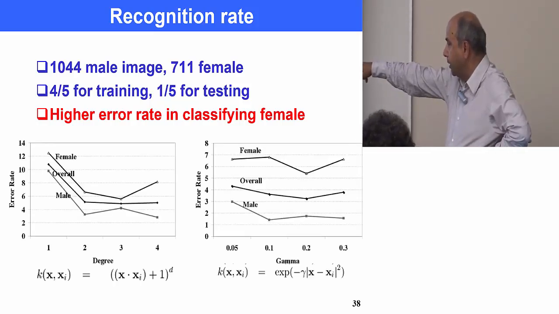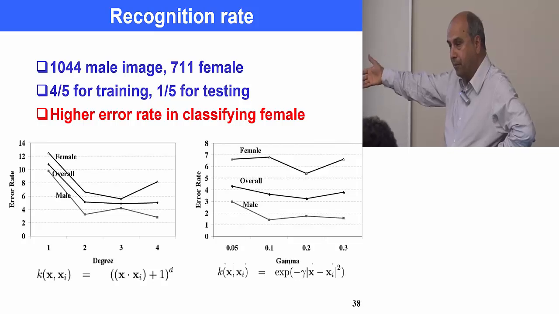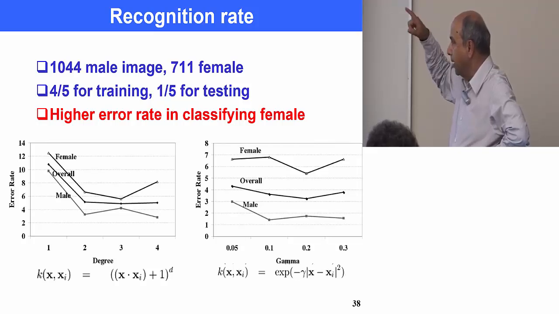So that is the polynomial kernel, as you saw there, the first one on the left, and this is degree, because that's a parameter, what degree polynomial you want to use, and the error rate for this particular problem, how well you can classify female and male or overall.